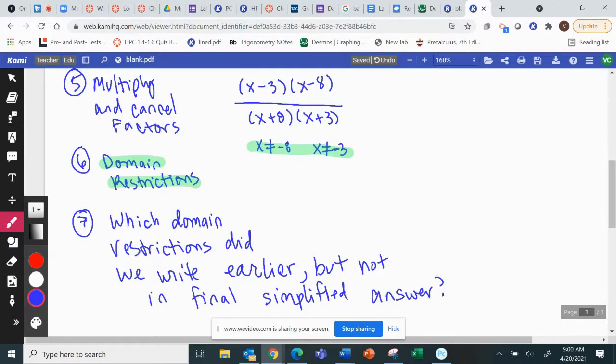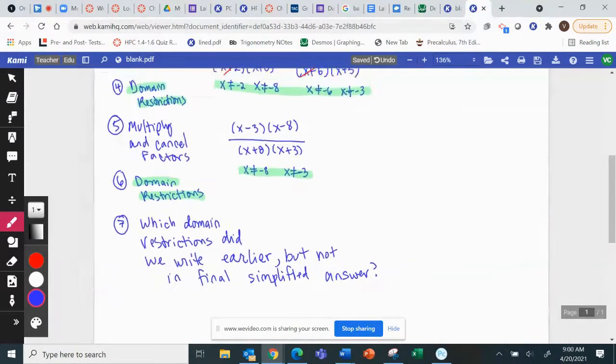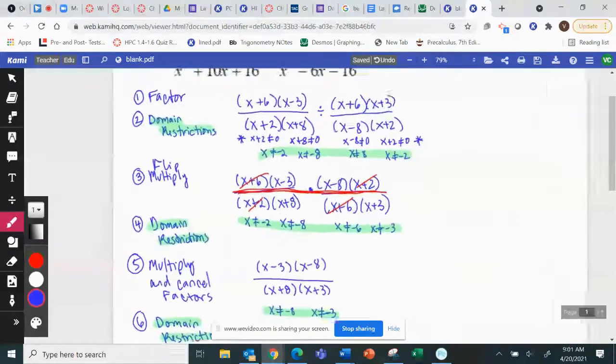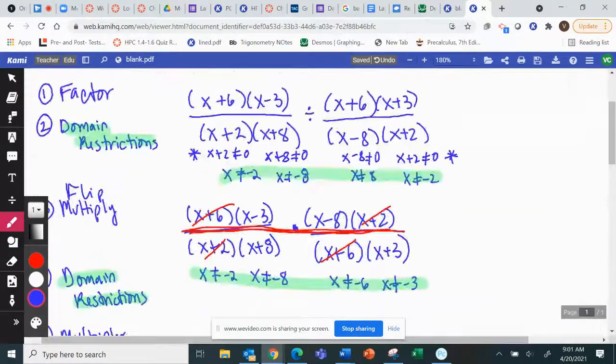So I'm going to go through all of the domain restrictions which I highlighted. I'm going to look at which ones did I highlight earlier, but they weren't negative 8 or negative 3.